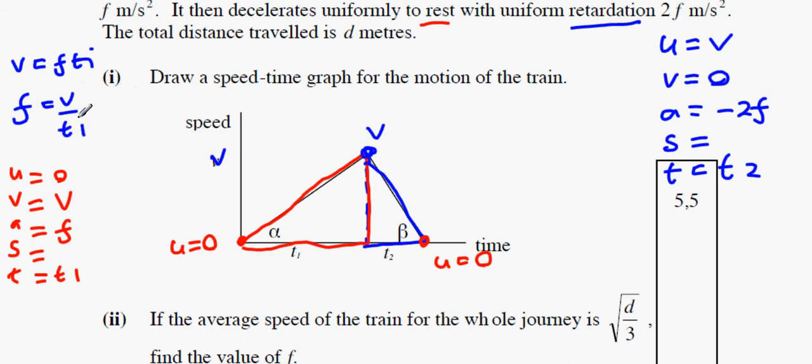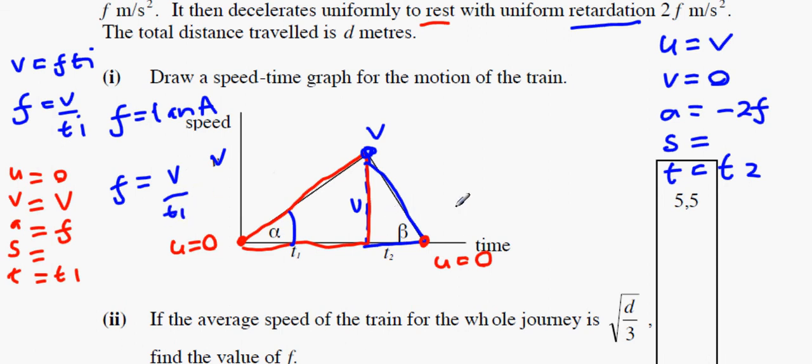Now, a really easy way of doing this is that acceleration equals tan A. So f could have just been tan A. Therefore, f equals, remember, opposite over adjacent, which is v over t1. Just saves a lot more time.